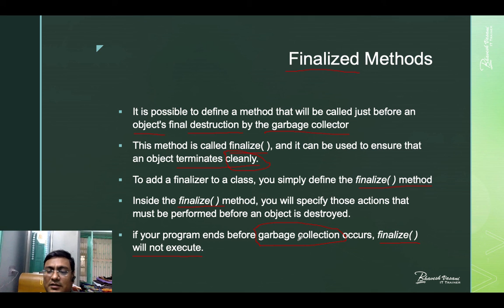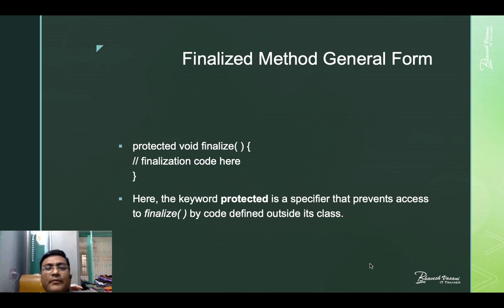If garbage collection does not execute, how will it call the finalize method? So keep in mind that whenever the garbage collector accesses our objects, the finalize method will be executed, just like the destructor of C and C++.